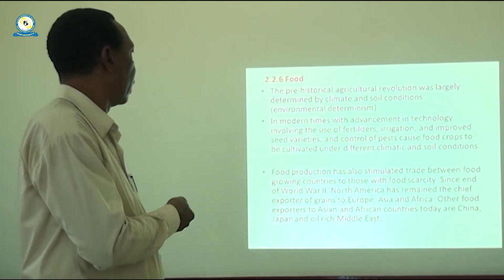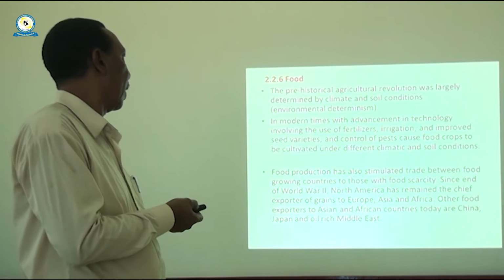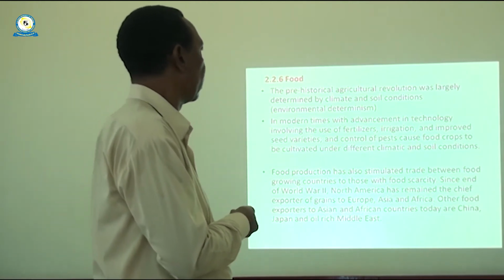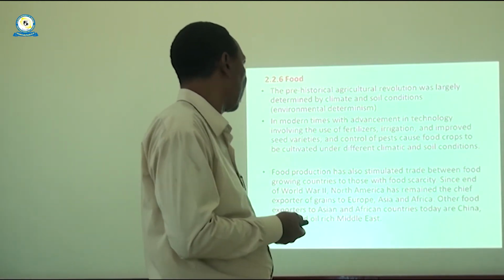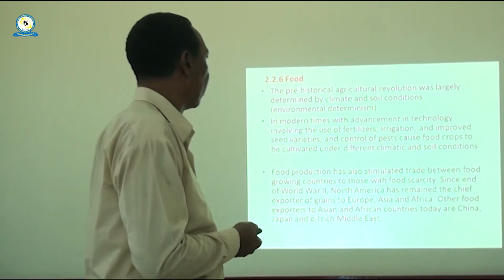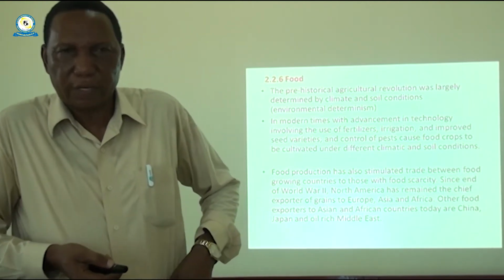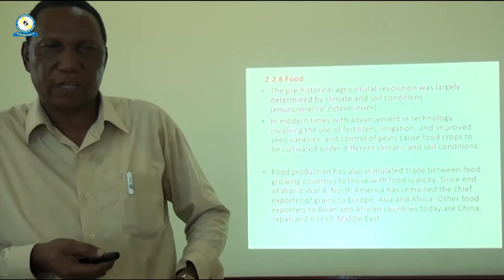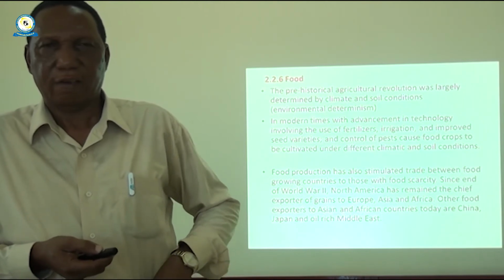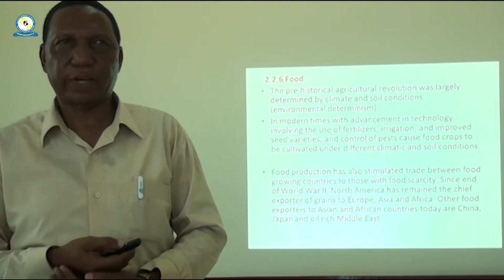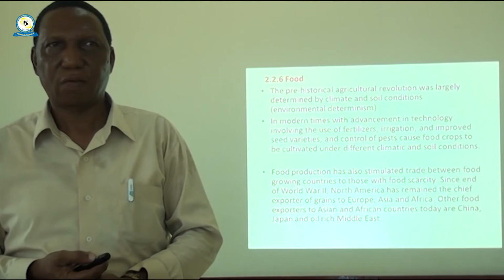But now, with modern technology involving fertilizers, irrigation, improved seed varieties, and pest control for food crops, things have changed. It's modern science which determines the type of culture.